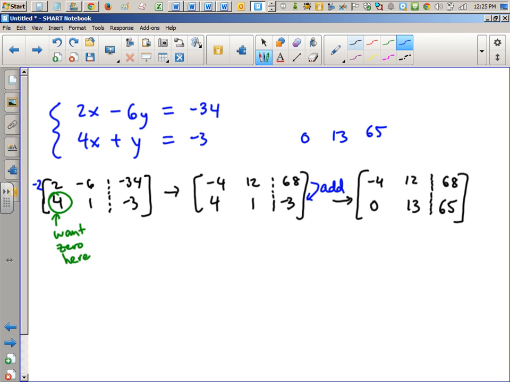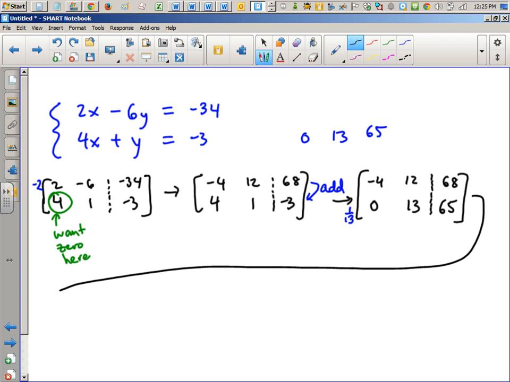I will then multiply by 1/13 on this bottom row. And this leads me to the augmented matrix -4, 12, 68, and 0, 1, 5. I've accomplished half my goal. I was trying to get 0 and 1 on the bottom row there, and I did it.